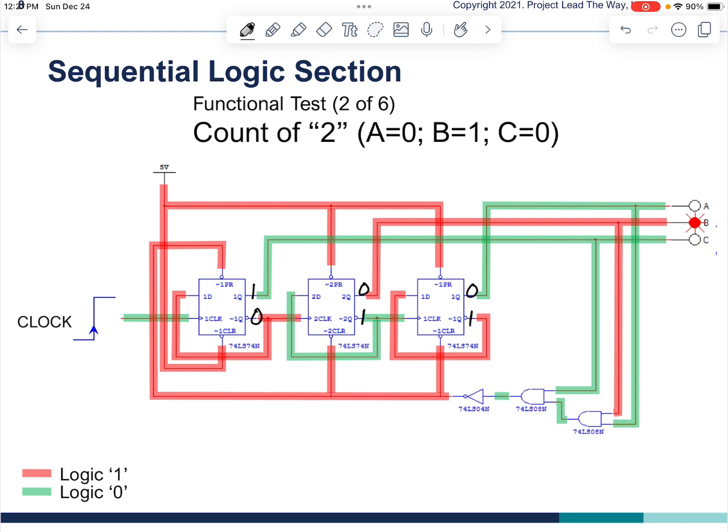Then we also know the Q naught is connecting to the D input. This is very important, and that's how the D flip-flop will toggle its output. So we have a 0 waiting at the door, a 1 waiting at the door, and a 1 waiting at the door.